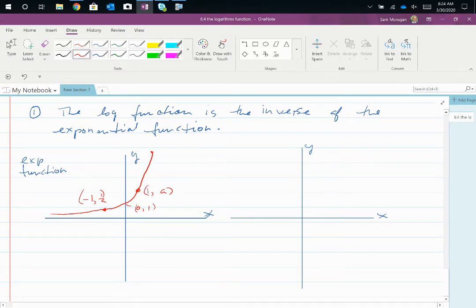Now, in the log function, all we would need to do then is take inverse values. Instead of 0 and 1, we take 1 and 0. Instead of 1 and a, we take a and 1.